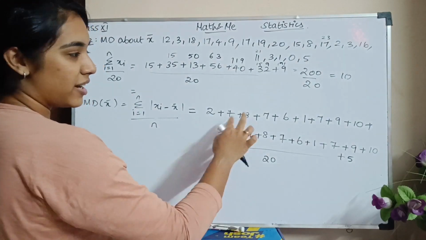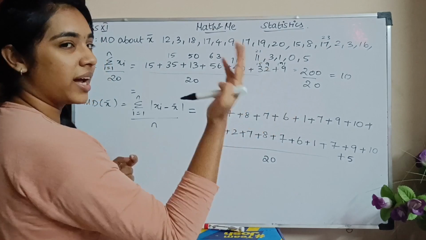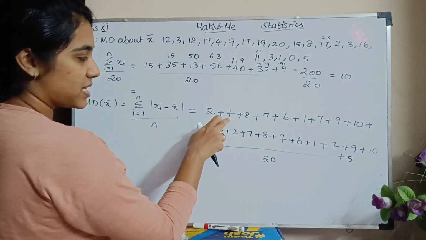Now shall we add two values? I have 8 plus 2 is 10, we can add three, however it's convenient. 8 plus 2 is 10, 10 plus 7 is 17.